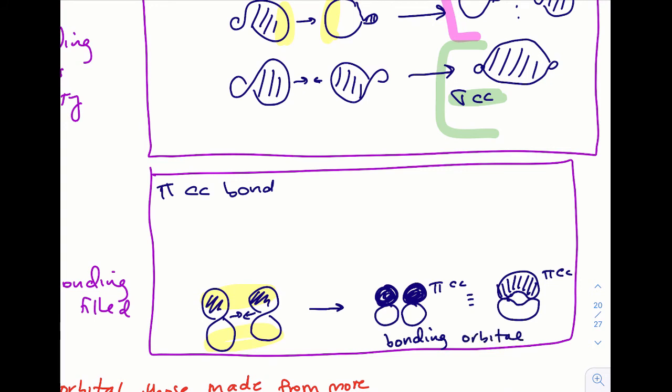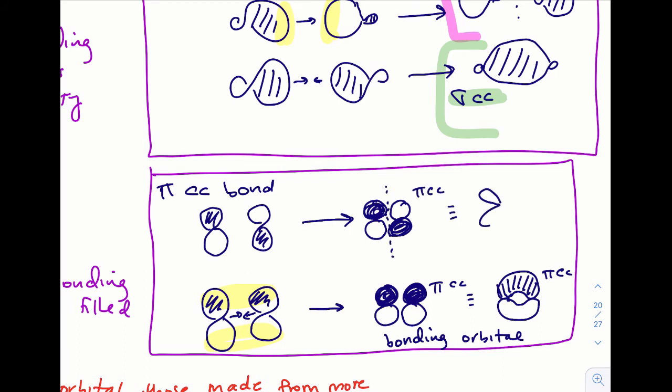Again, conversely, those two p orbitals can be brought together out of phase, where the shaded lobe interacts with the unshaded lobe on top, and the unshaded lobe interacts with the shaded lobe, and they're going to cancel out in between the two nuclei, which will generate a pi star orbital. Pi star can be represented by just lining up the two p orbitals out of phase and drawing a node in between them.